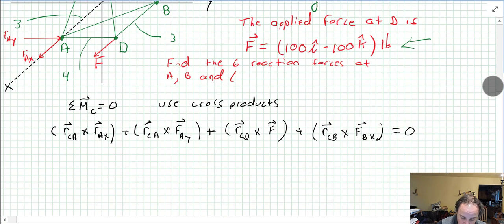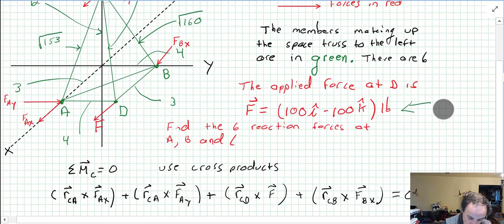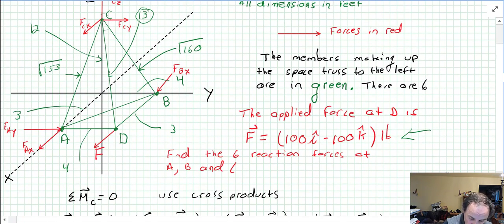Okay, so let's write down those position vectors. I'm going to bracket each cross product to put the position vector in. So the position vector RCA is 3i minus 12k. Going from C to A, we're going along the Z-axis.